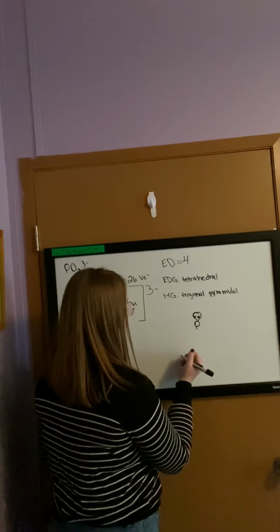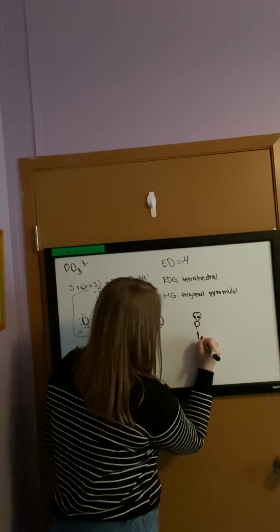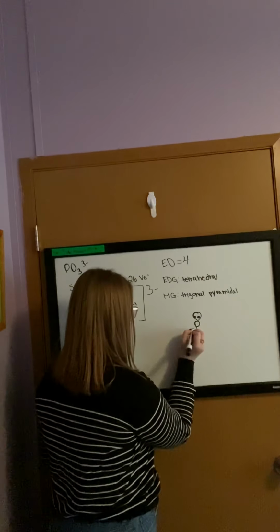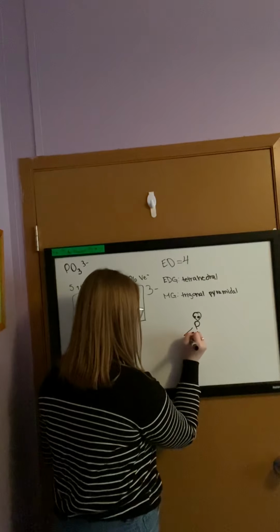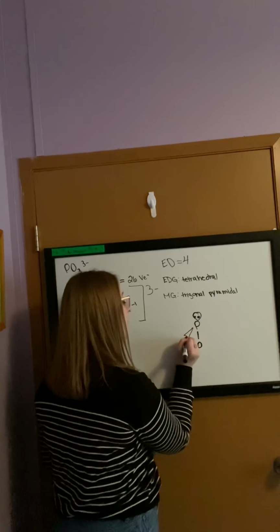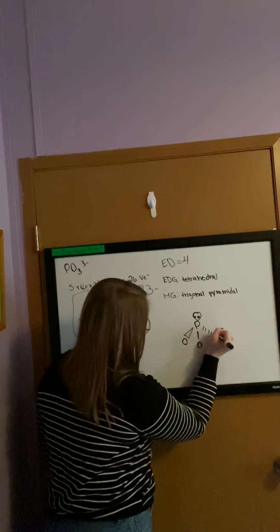Now we are going to have one that remains on this plane, which is oxygen. And then we are going to have one that comes out of the board, so we're going to draw a wedge. And then one that goes into the board, so we're going to draw dashes.